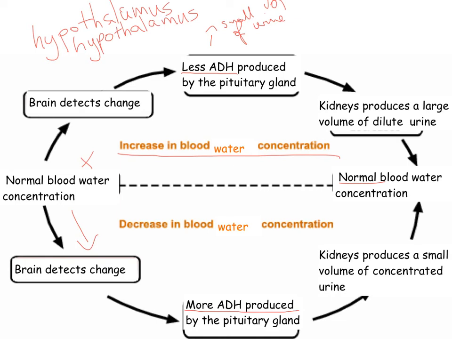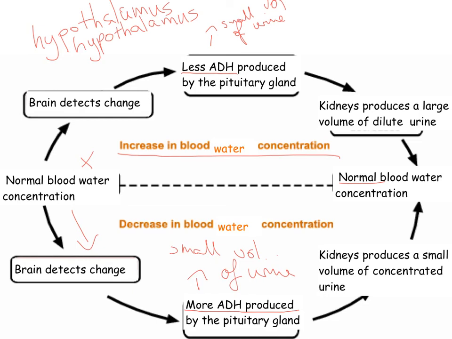That means a small volume of urine, and that will be concentrated urine. Because you're producing small quantities of urine, you're saving water in your blood. And your blood water concentration will return to normal.